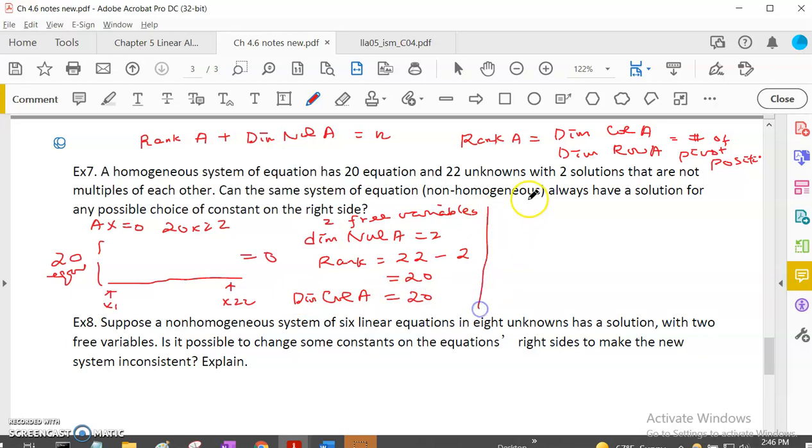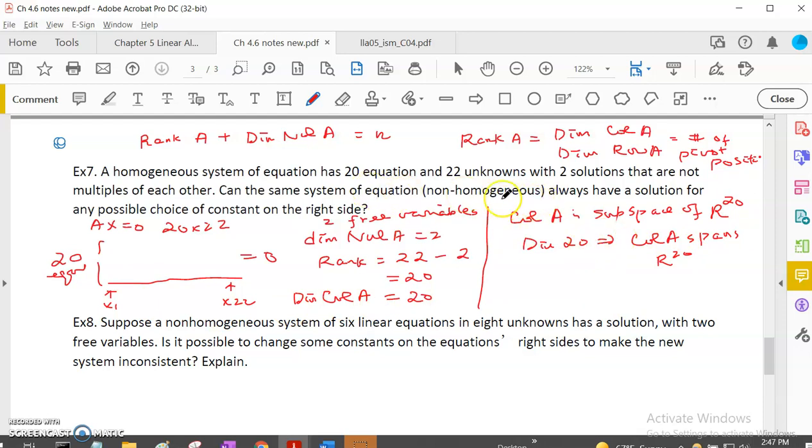Now column A consists of column vectors with 20 entries, so it is a subspace of R20. And if it has dimension 20, this means that column A spans the whole R20.